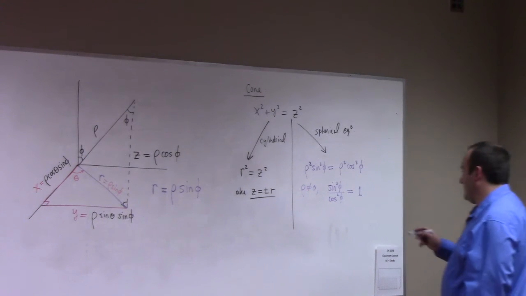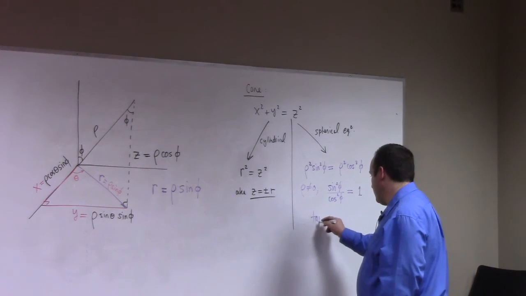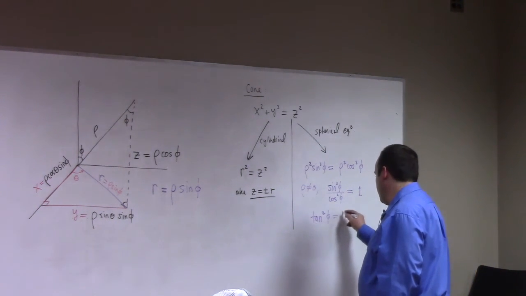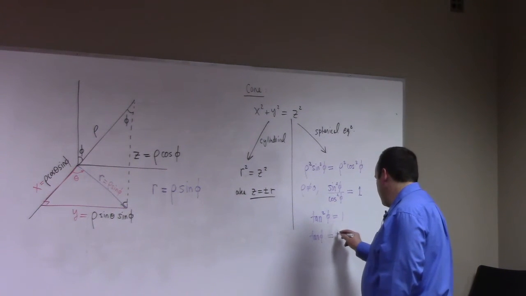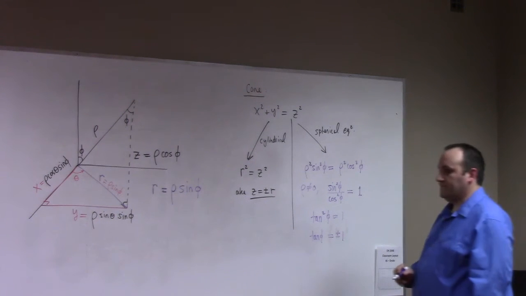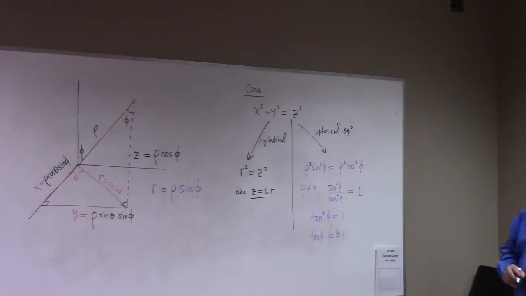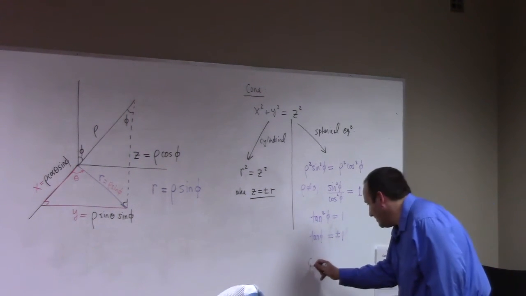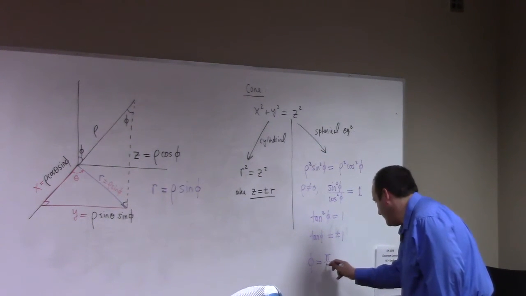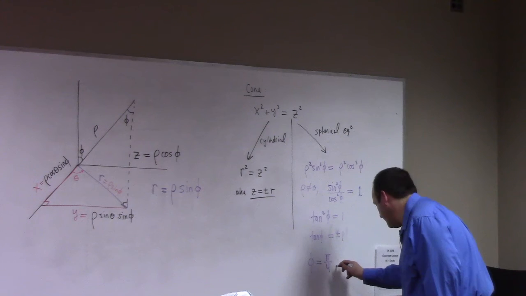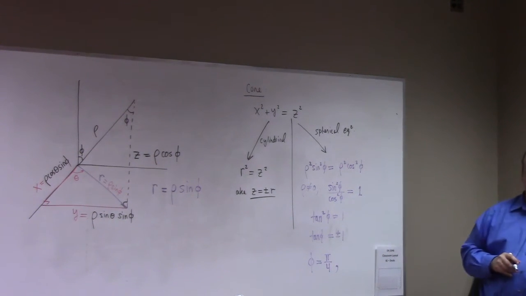Which is to say we've got tangent squared phi equals 1. So tangent phi is what? Plus or minus 1. What's that say about phi? Pi over 4, right? Or what? 3 pi over 4.